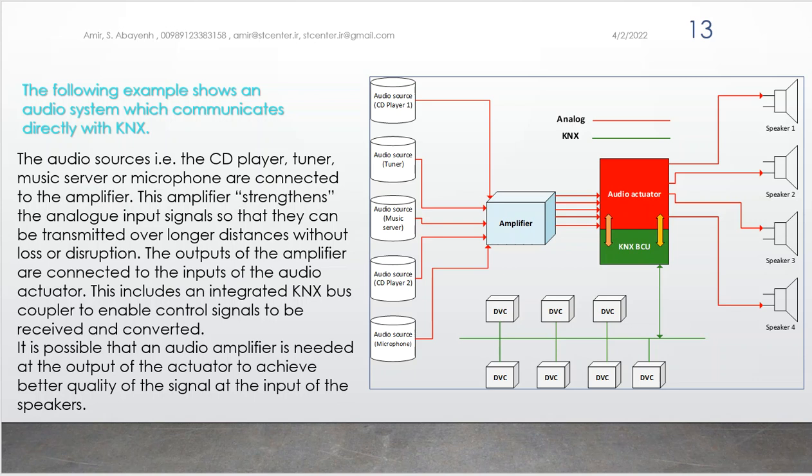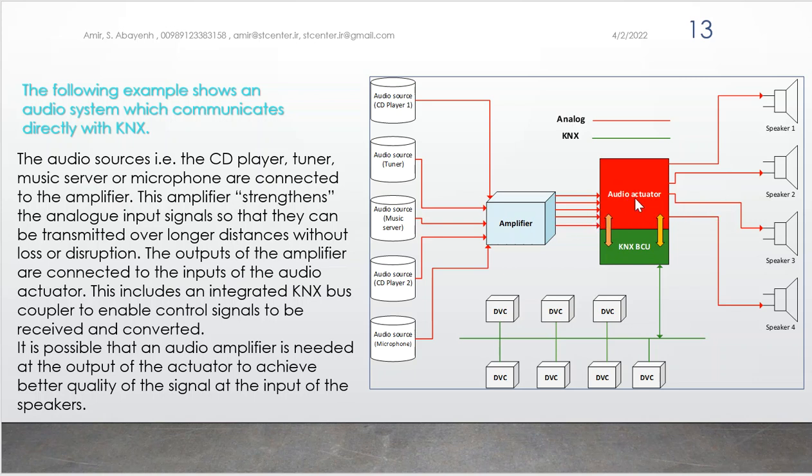Okay, so the example in this picture is an audio system which communicates directly with the KNX. Here we have some sources like the CD player, music server, a second CD player, and a microphone. They are connected to the amplifier, which amplifies the signals and provides the right output to the audio actuator and the speakers.